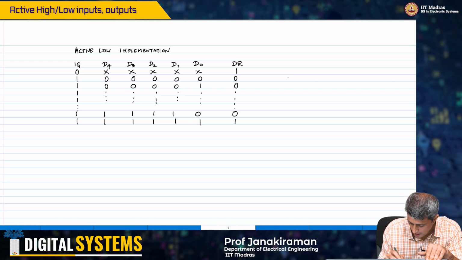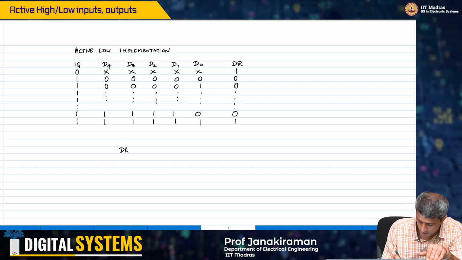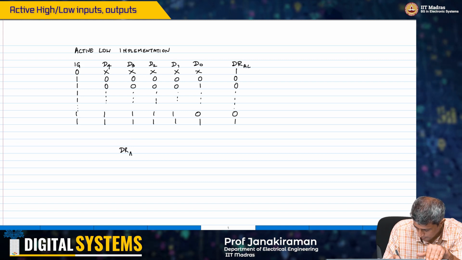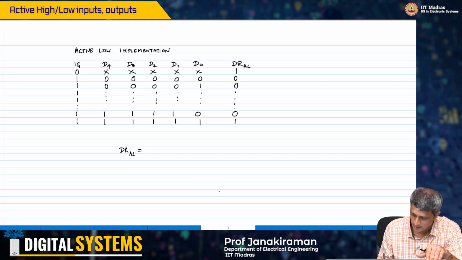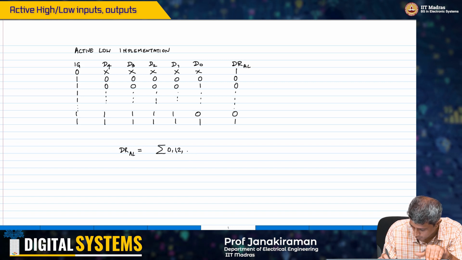So effectively your DR, right, maybe I'll call that AL, active low, is basically going to be summation 0 1 2 all the way to 15.